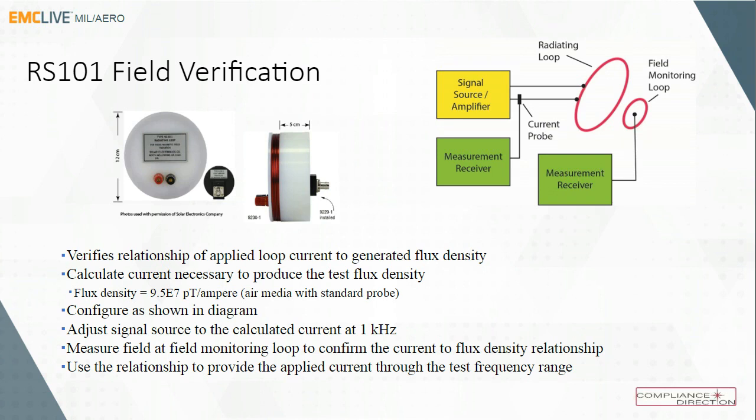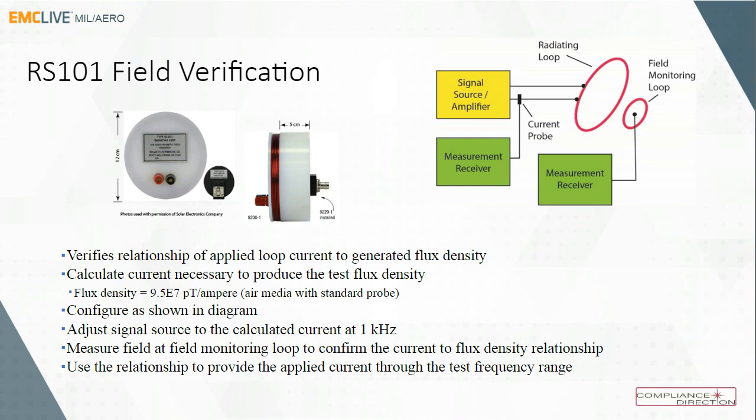And this relationship provides the applied current throughout the frequency range. So basically, I'm going to calculate what the current should be to produce the flux density. I'll adjust the signal generator until that current is flowing, and then I'll connect my measurement receiver to the field monitoring loop to see that it gets the right answer.